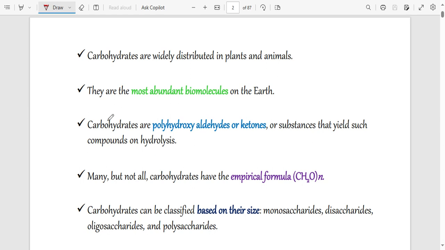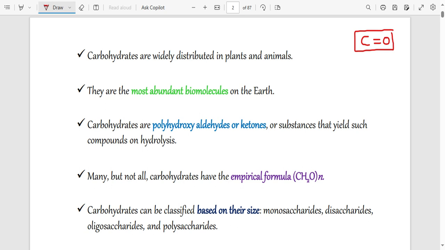Now, aldehydes and ketones all have a carbonyl functional group: carbon double bonded to oxygen. That is what is known as a carbonyl.